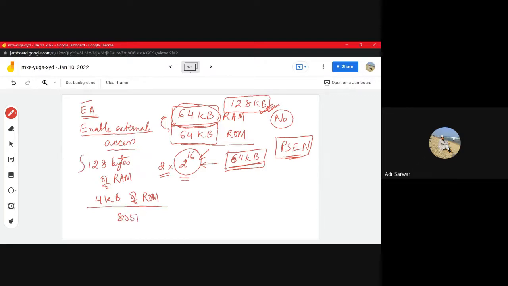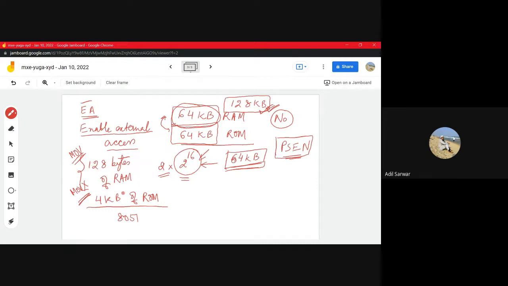So accessing external RAM is not an issue, because we have got separate instructions for internal as well as external RAM. And when I discuss it, I will tell you that we have got the MOV command for internal and MOVX for external RAM. So they do not have a problem.